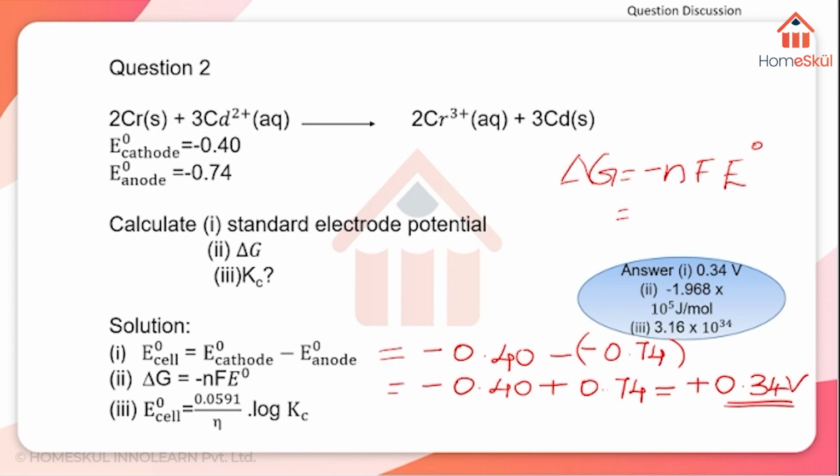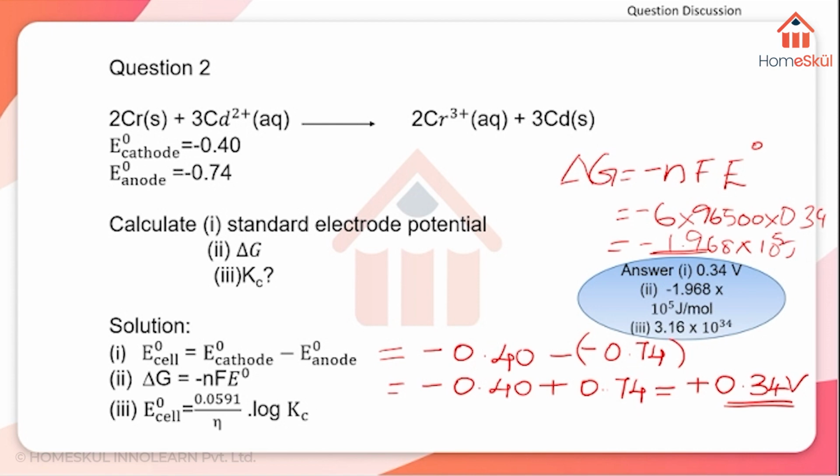Substituting n as 6, F value is 96,500, we all know that, and the E0 value we just calculated, we finally get the answer negative 1.968 into 10 raised to 5. The unit of change in Gibbs free energy is joule per mole.